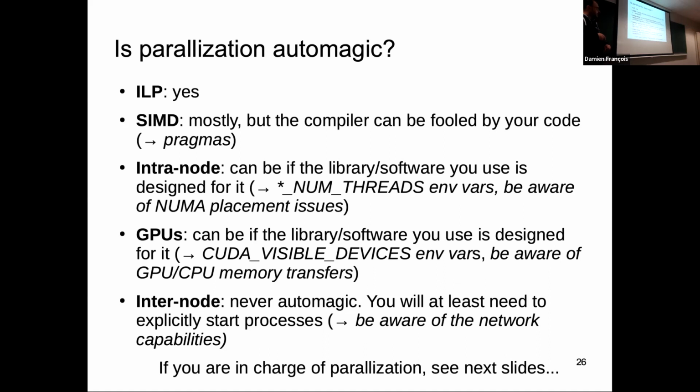But it will never be automatic. If you have a job that works on a single node and you want it to be faster using multiple nodes, it's not enough to just add --nodes=2 or 4 in your Slurm script. It will not change anything if you don't make the effort of distributing the work, typically with MPI, as you will see later this morning and this afternoon.